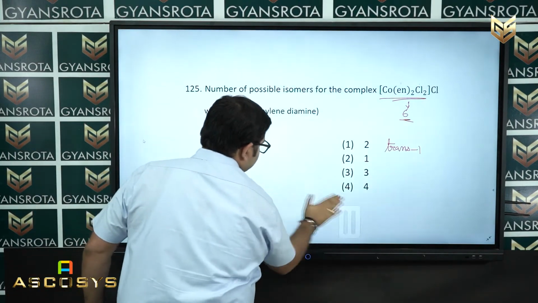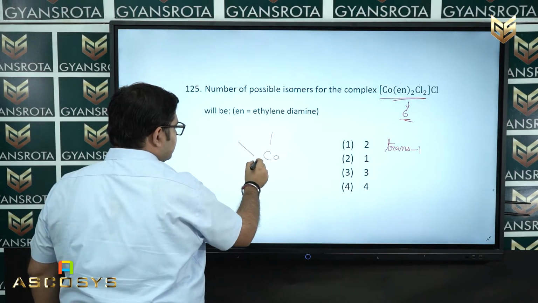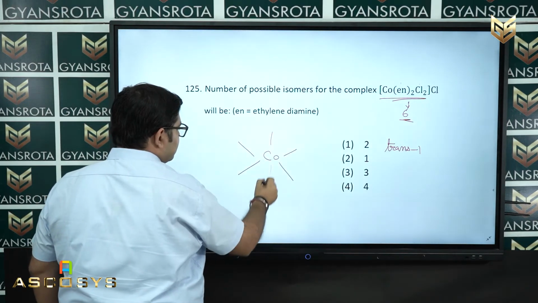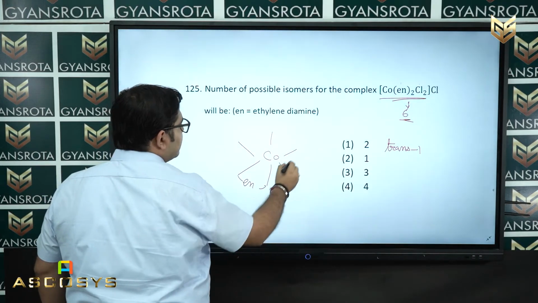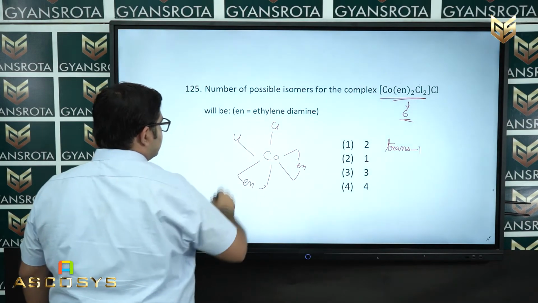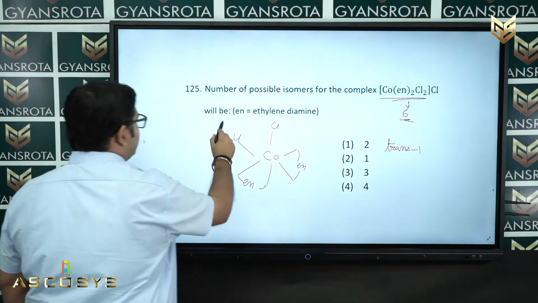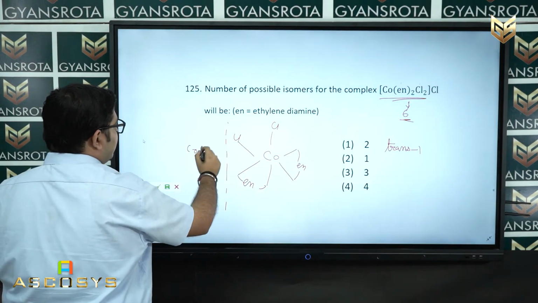Now see how another cis form looks. So, Co. If I put this one here and another one here, and in a similar way we can write this other one. So, this is the cis form.